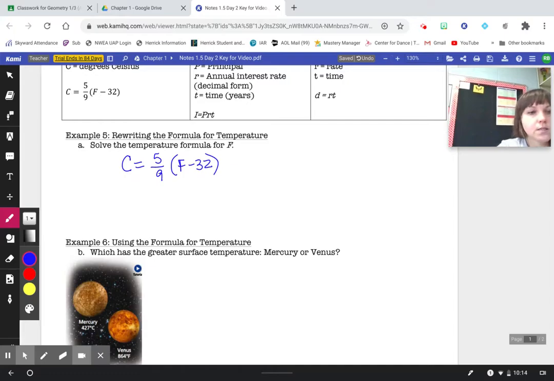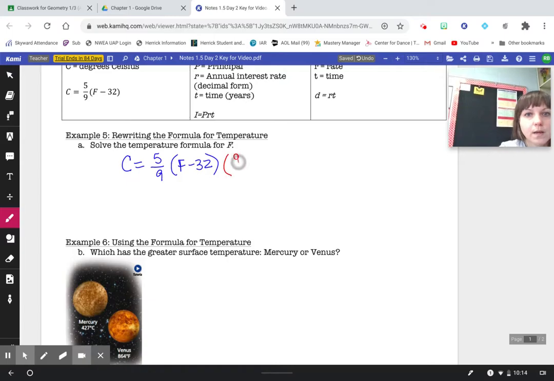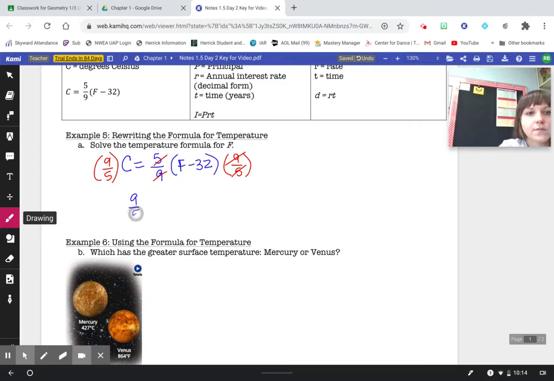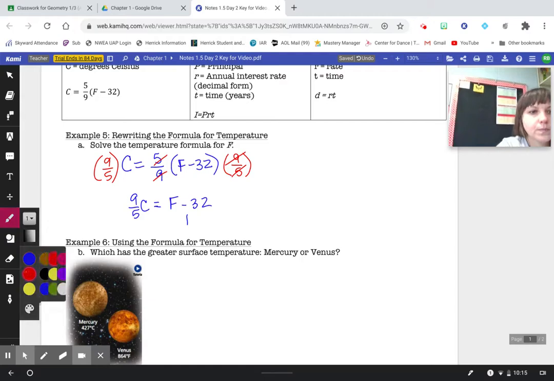Since Fahrenheit minus 32 is in parentheses, we'll keep that together and we'll get rid of this 5/9 first by multiplying by the reciprocal. So that goes away on the right, and we need to do the same thing on the left side. So we end up with 9/5 Celsius is equal to the Fahrenheit temperature minus 32. To get Fahrenheit alone, we just need to add 32 to both sides.